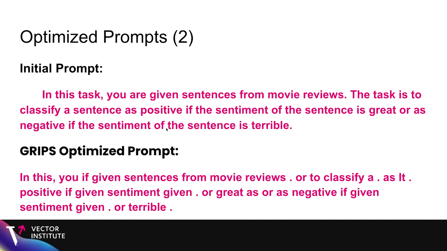So in the second example, we have a longer instruction for the GRIPS method. So we say, in this task, you're given sentences from movie reviews. The task is to classify a sentence as positive if the sentiment of the sentence is great, or as negative if the sentiment of the sentence is terrible.